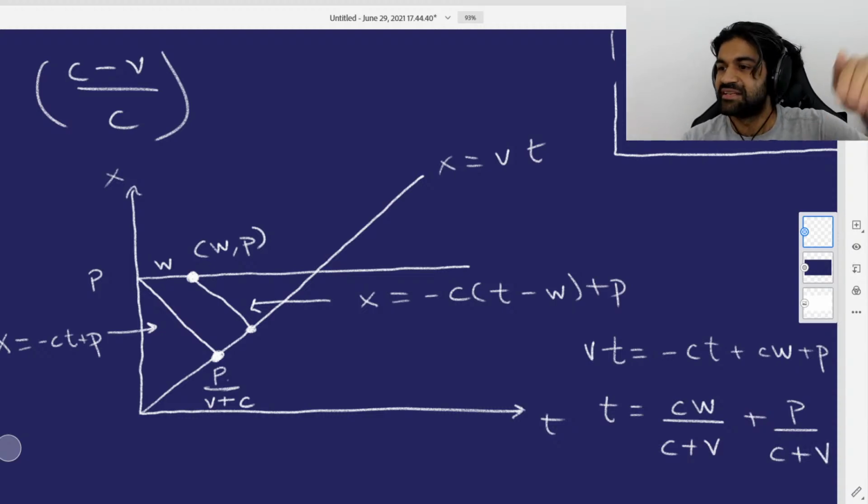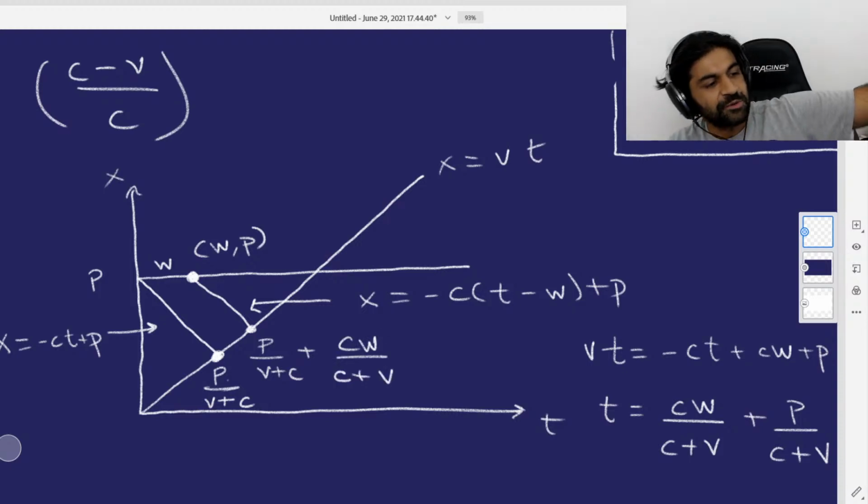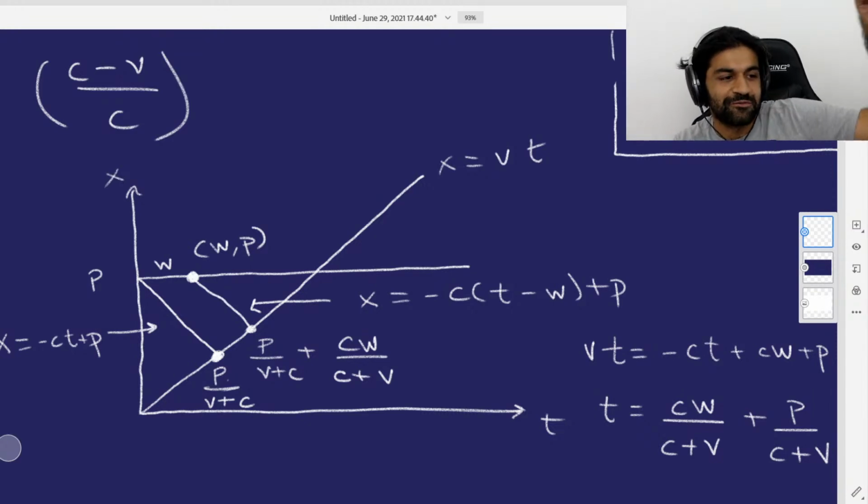So the time coordinate for this point is p over v plus c, and then plus cw over c plus v. The time difference between these two points is cw over c plus v.